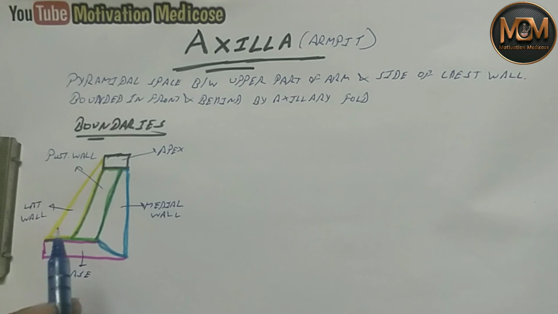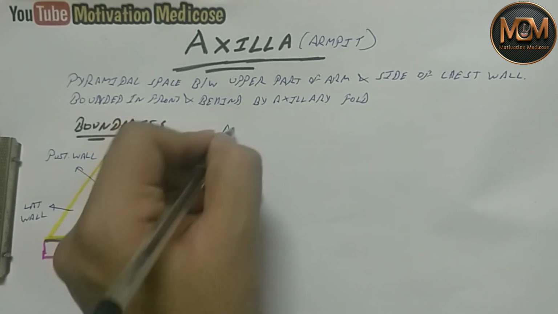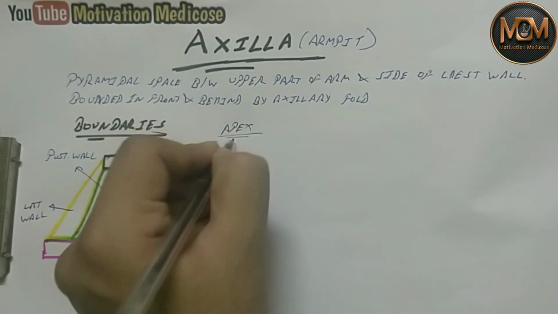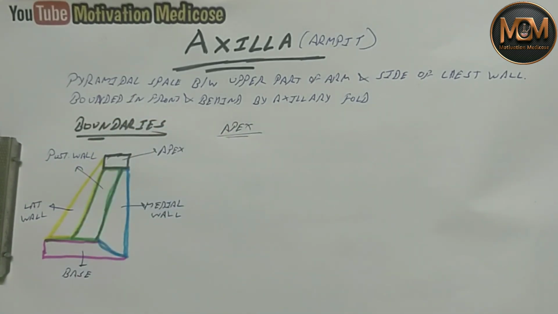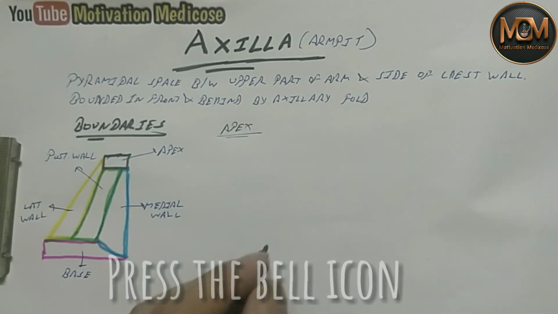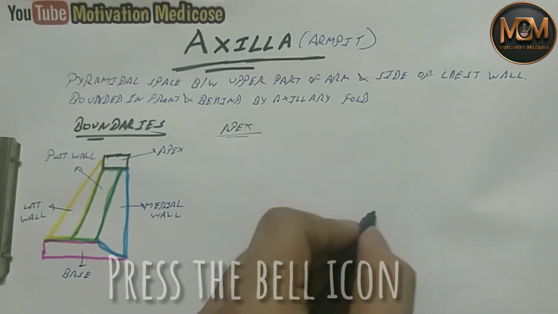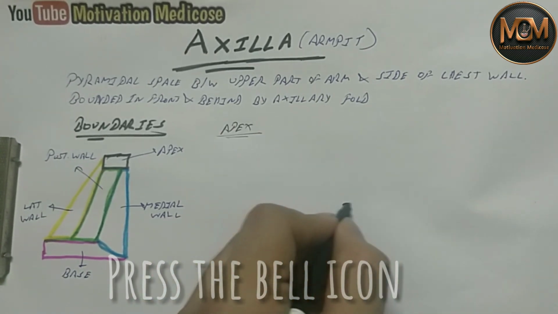Now we are starting from the apex. To understand the apex, we will draw again a rough diagram. In anatomy, if you draw more and more diagrams, your understanding will be better. First of all, anteriorly there will be a scapula.